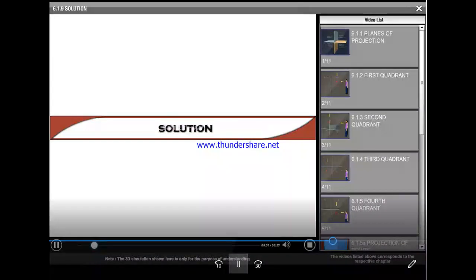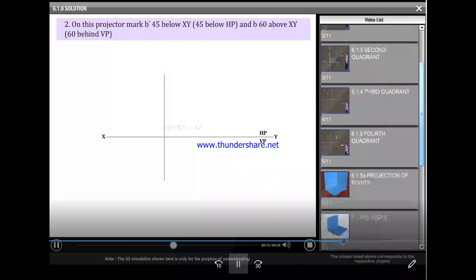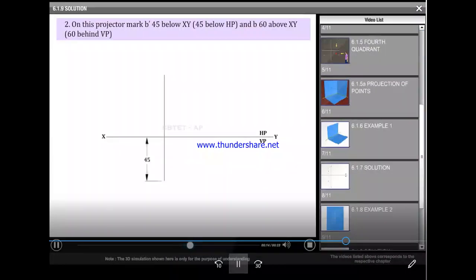Solution to example 2. Draw the XY line and a vertical projector. On this projector, mark front view B dash 45 mm below XY line and top view B 60 mm above XY line.